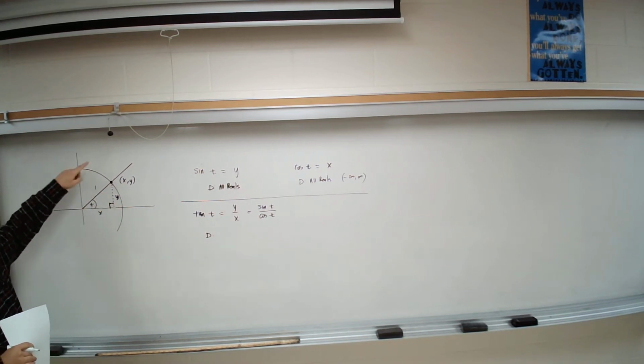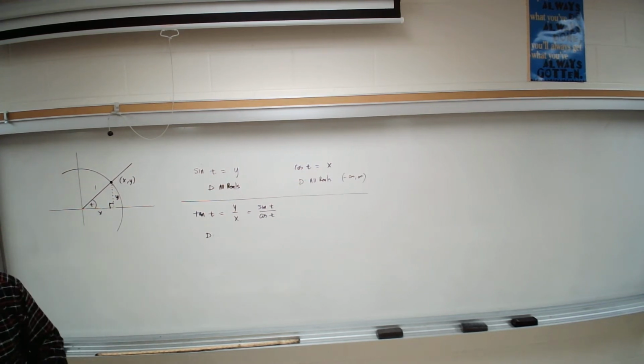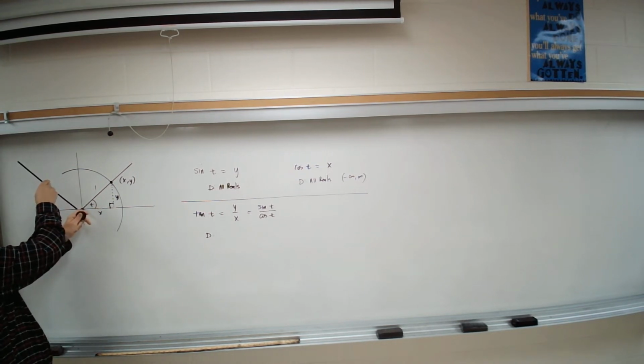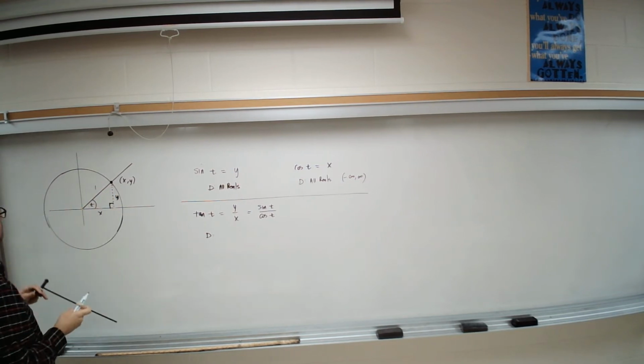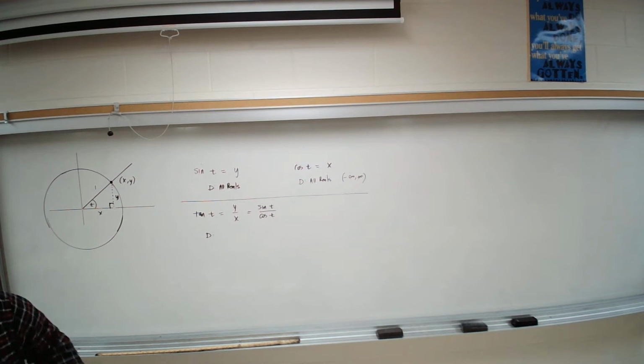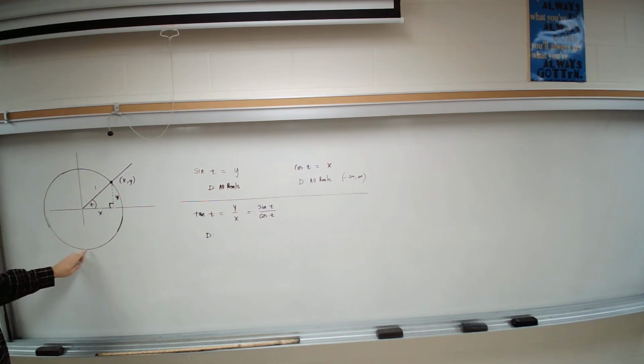So if you think about your unit circle, when would x be 0? Well, it would be 0... close. Not my best work. But x is 0 right up here, isn't it? And it's 0 right down here.